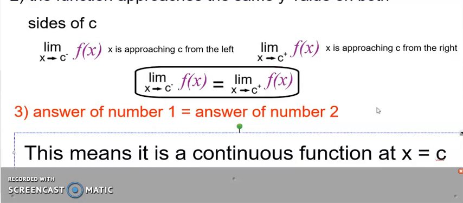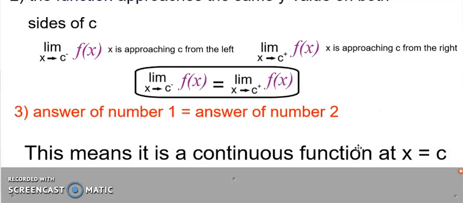Whatever value we're dealing with, if it's 5, it'll be continuous at x equals 5. If it's 2, it's 2. If these three steps work and give you the same numbers each time, that means it is continuous at that point.